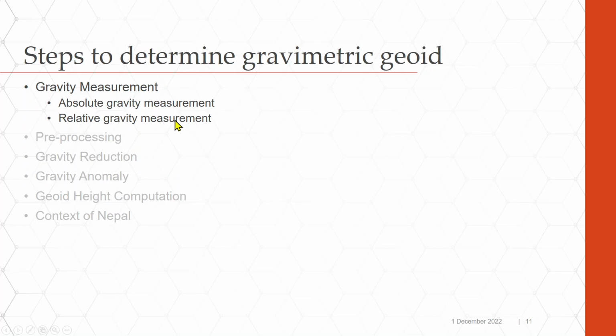So we already said the first step is we must have a gravity dataset. For that we need to perform a gravity measurement at the site where the gravity information is needed. And we already said at first absolute gravity measurement is performed, then followed by relative gravity measurement. Here we will discuss absolute gravity measurement.